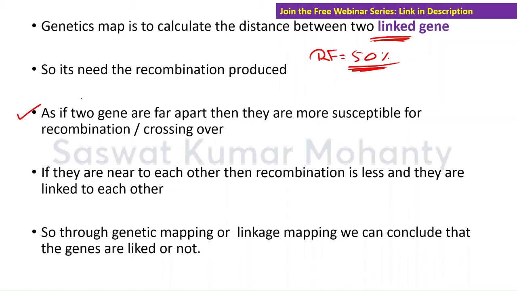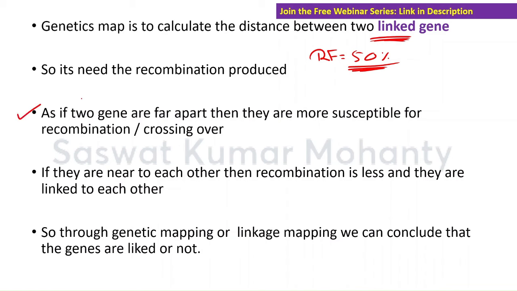So, to find the distance between these genes, you have to cross parent 1, which is your F1 hybrid, and parent 2, which is your homozygous recessive. When you cross these, we will get some of the offspring which don't show any recombination.